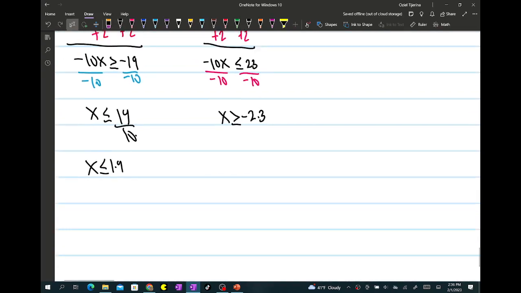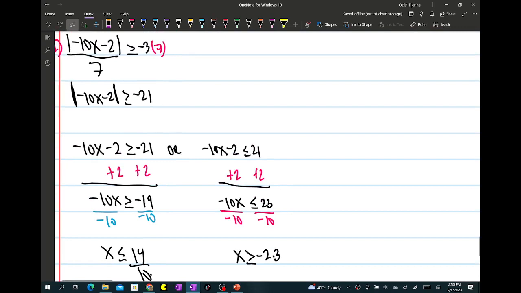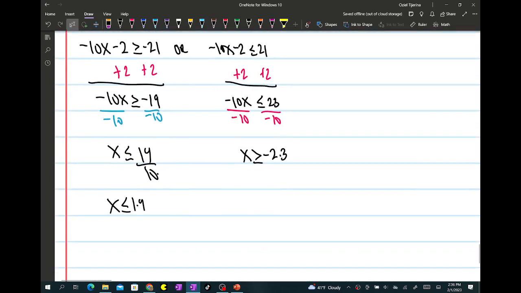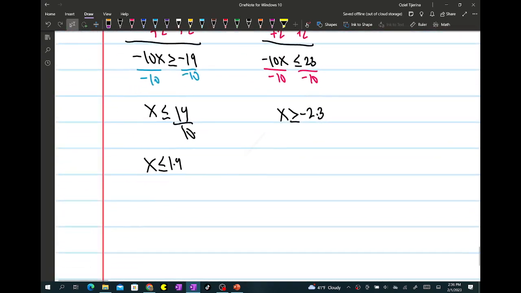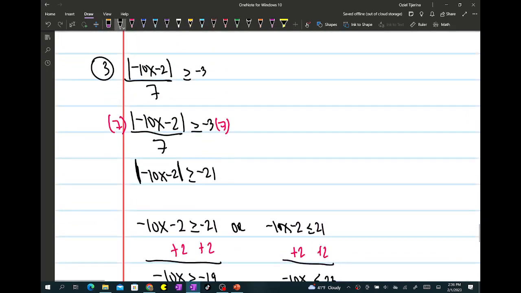So again, you want to make sure to check your solutions to make sure that they satisfy this inequality. Now, notice that we have a less than or equal to and a greater than or equal to. I'm going to go ahead and check x is equal to 1.9, and I'm going to plug this into this inequality.